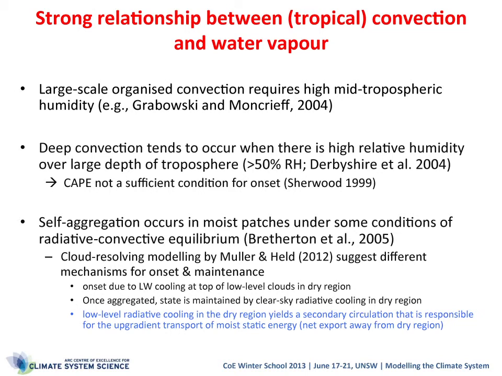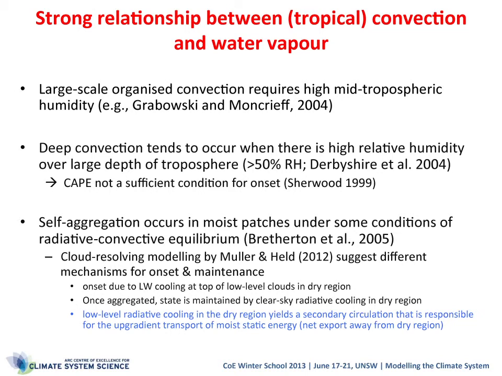And that's basically because you've got different mechanisms for the onset and then the maintenance of deep convection once that occurs. So they say the onset of self-aggregation is due to long-wave cooling at the top of low-level clouds in the dry region. And then once they come together, the state is maintained by clear sky cooling in the dry regions.